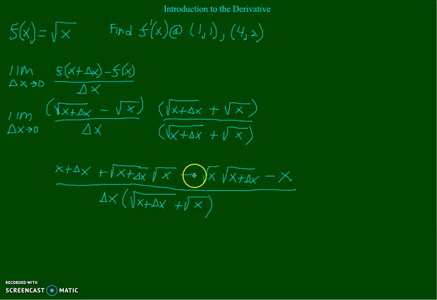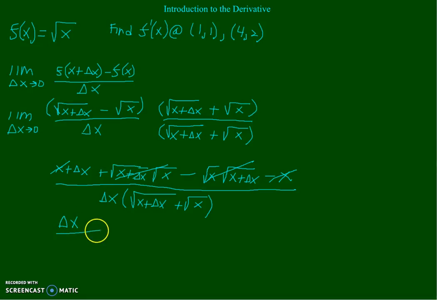This term and this term cancel out, because this is the positive version of this. So this and this go away. And you can see we have an x and a negative x here. So the negative x cancels out the x. So what we're left with in the numerator is delta x.